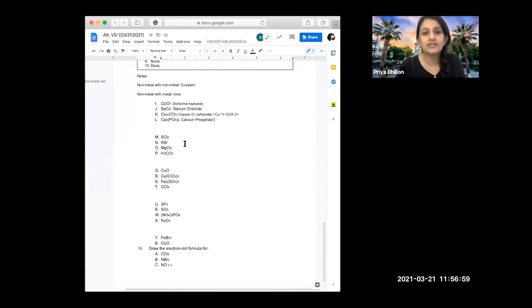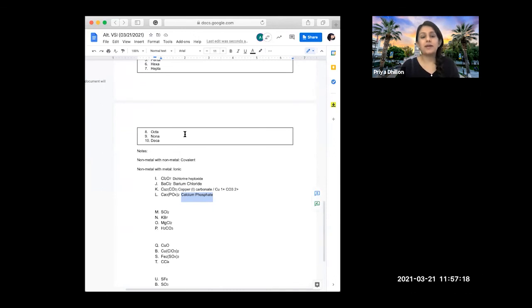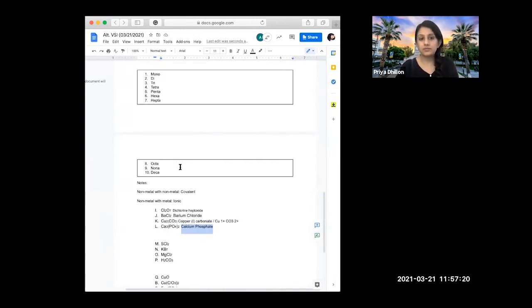So my tip overall for you when you're working with formulas and naming and writing formulas, all of that jazz: make sure you know how to go from the formula to the name, and also from the name to the formula. The three main things you need to know are these prefixes, especially for covalent compounds, right?